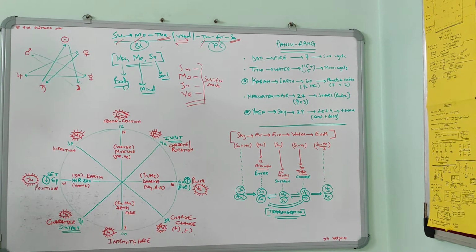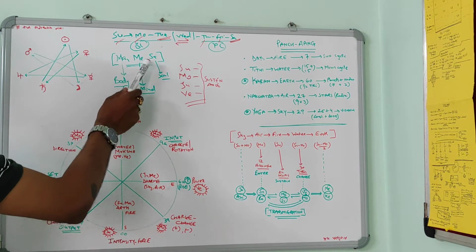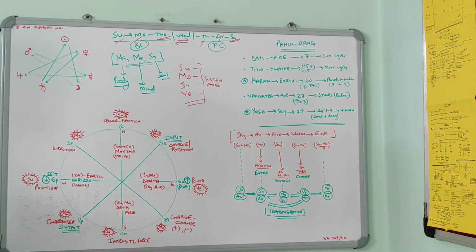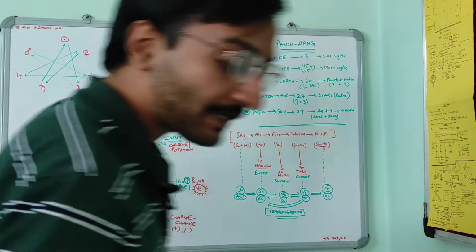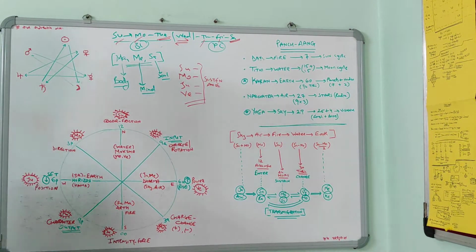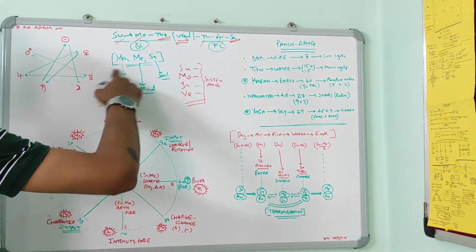And for rebirth and transmigration, what is necessary is Mars, Mercury and Saturn. Getting my point? That is why I didn't add these three planets in the outer portion of the chakra. We didn't add this because this does not show the characteristics of the soul.